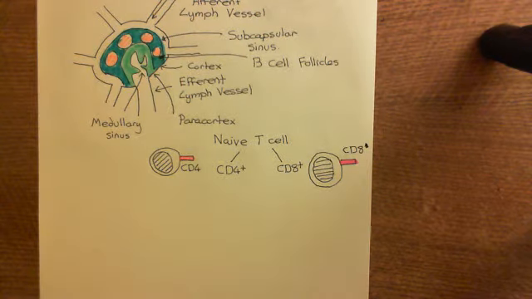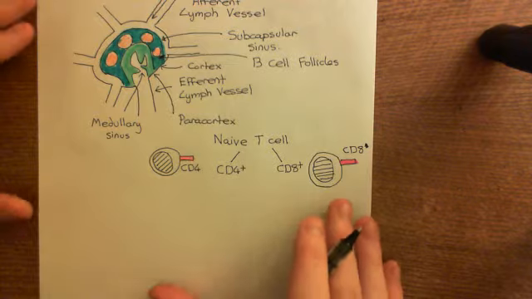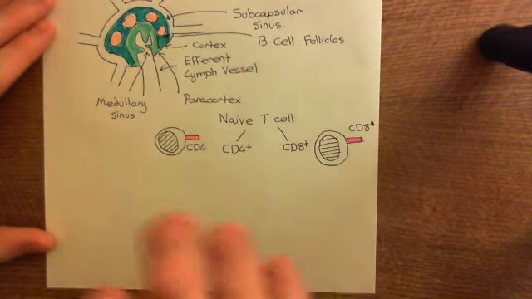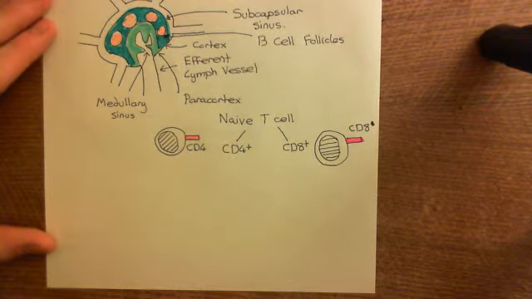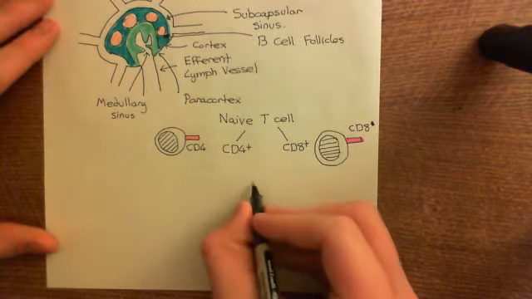Now, does it go in and activate absolutely every naive CD4 positive T cell? Well, of course, no is the answer to that. Basically, even in this population of CD4 positive naive T cells, there is variation. So not every naive CD4 positive T cell is the same.